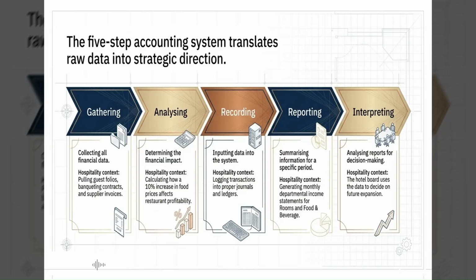Step one is gathering. This means bringing together all the financial information that affects a specific business. Notice the word all. In a hotel, that means guest folios, restaurant and bar dockets, banqueting contracts, supplier invoices, payroll records, bank statements, till slips from the curio shop.